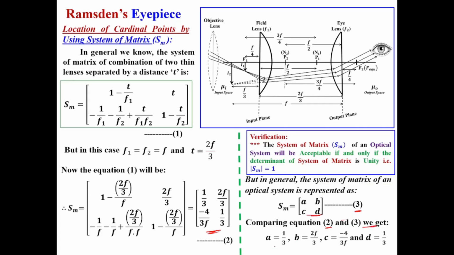We get A equal to 1 by 3, B equal to 2f by 3, C equal to minus 4 by 3f, D equal to 1 by 3. So here we found A, B, C, D values. By using these values, we can evaluate the cardinal points of this Ramsden eyepiece. Here you can see we are going to calculate one by one.